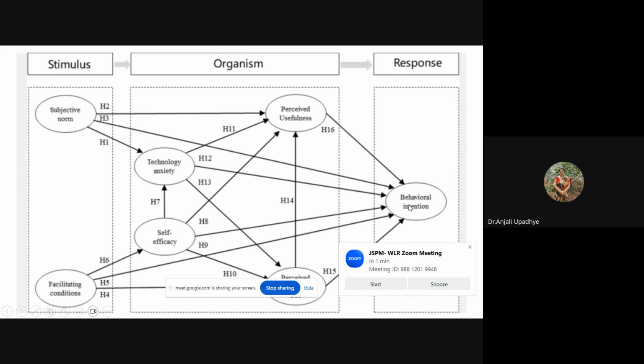Whenever we have a new mobile in our hand, our behavioral intention changes. It may be its brand, its usefulness, its self-efficacy, or technology anxiety.